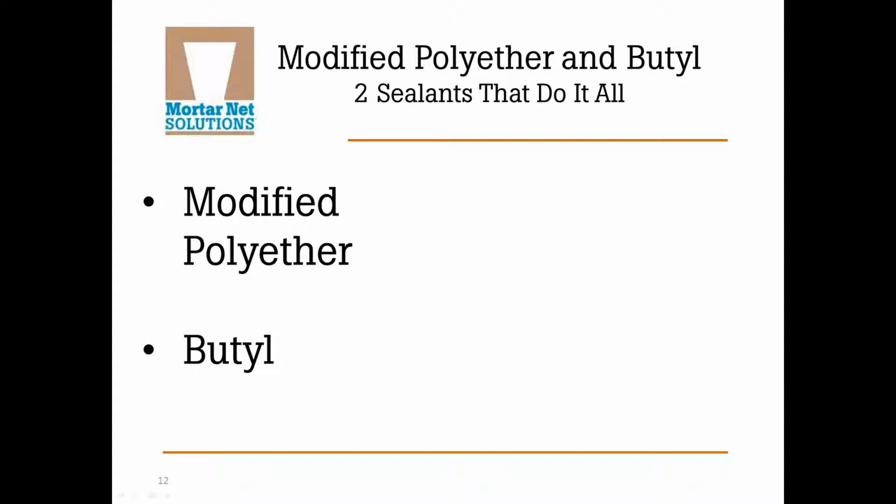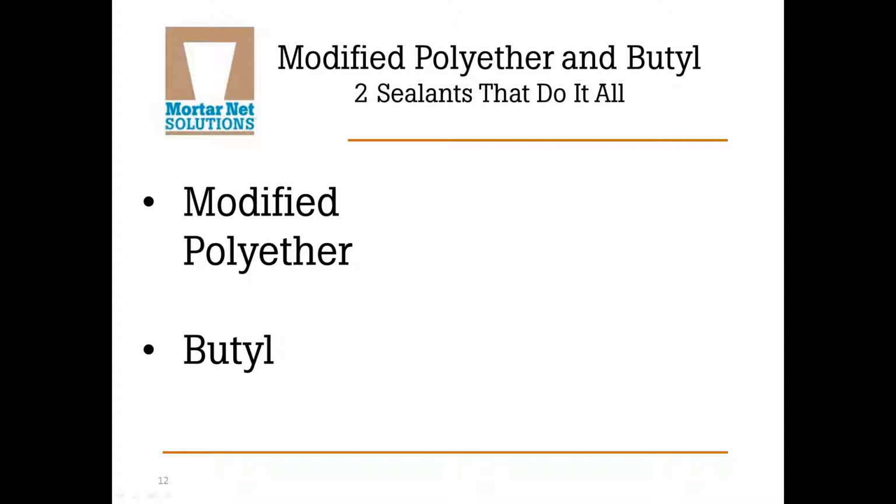The modified polyether is a relatively new type of sealant, and it will adhere to almost all common masonry building materials. It has the positive characteristics of polyurethanes and silicones without their undesirable qualities. They have an increased ability to adhere to many of today's construction membranes and masonry materials, and they're an excellent choice for many expansion and control joints.